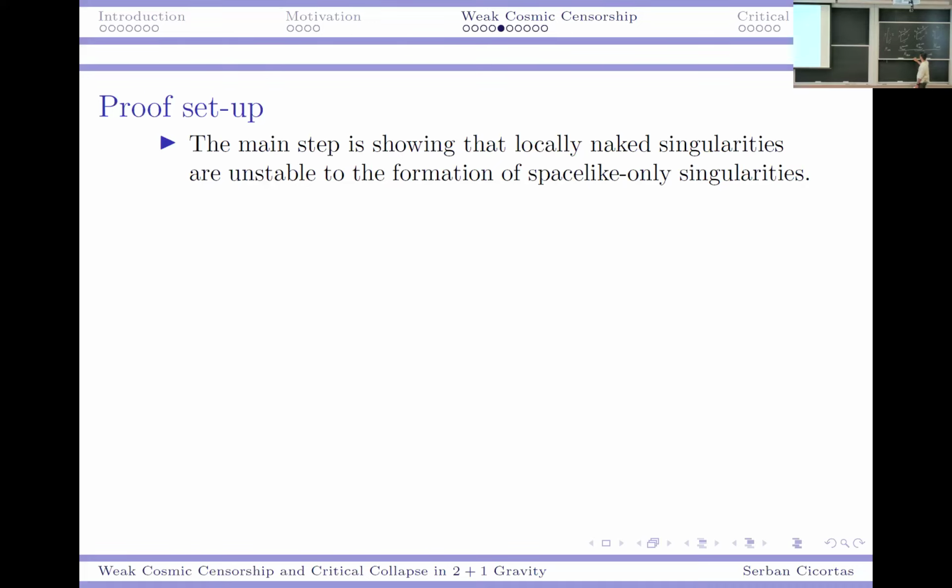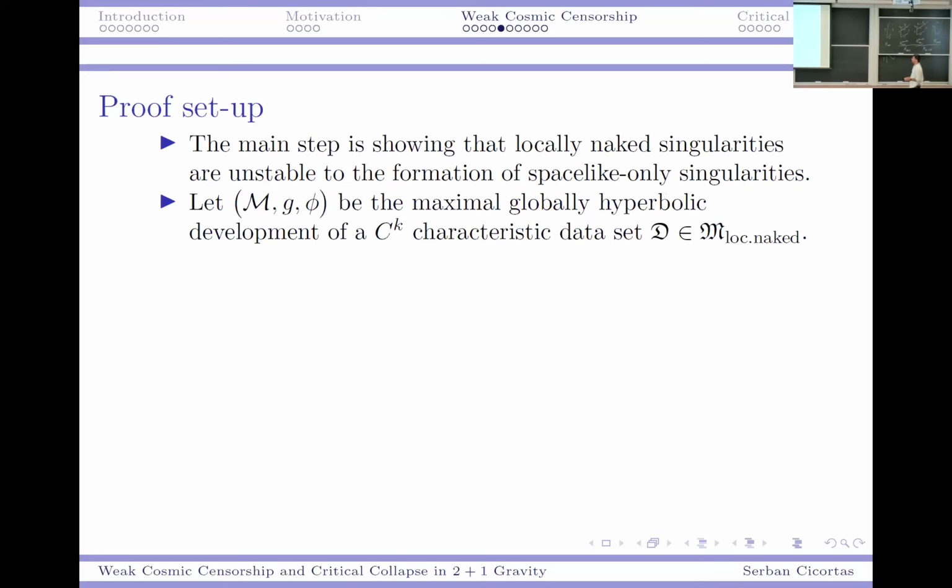Let me also emphasize that the key point is showing that these are actually unstable to forming trapped surfaces arbitrarily close to B gamma, because once you have an apparent horizon that goes into B gamma, then you know that your singularity is space-like only. So that's what we're trying to show. I'm going to fix M, g, phi to be the evolution of a data set D which is locally naked.